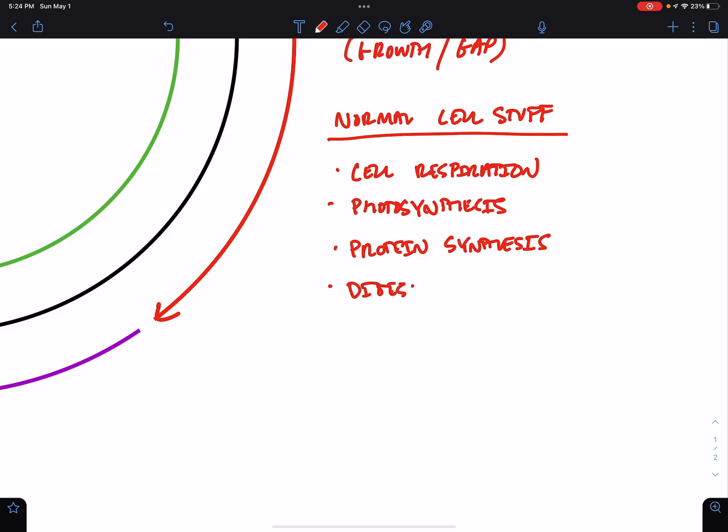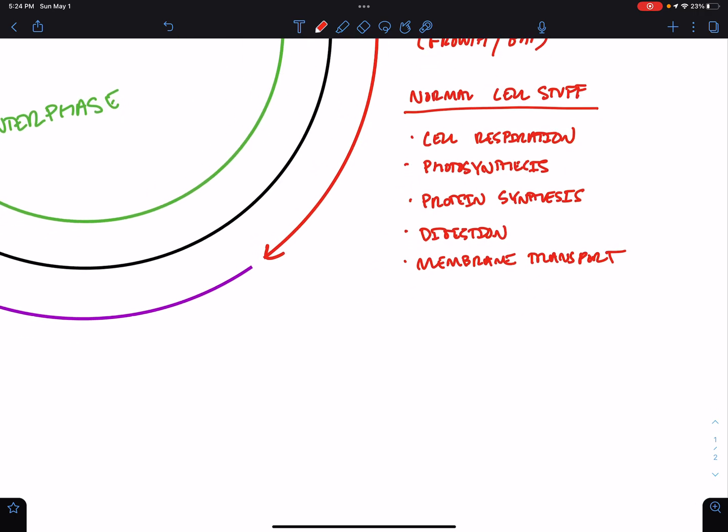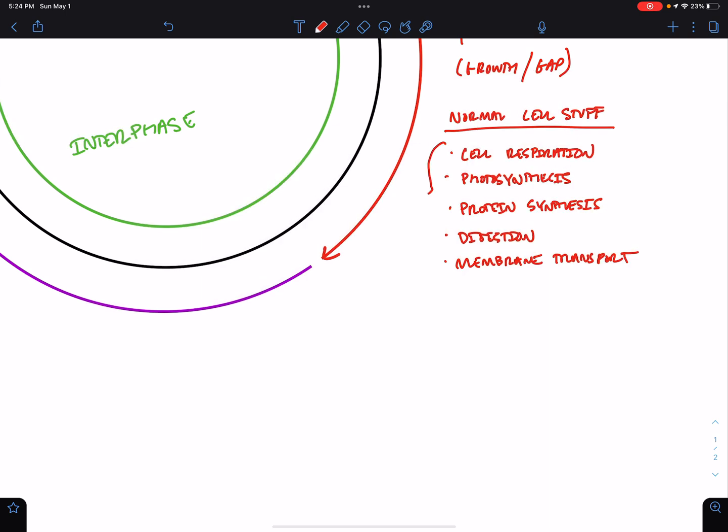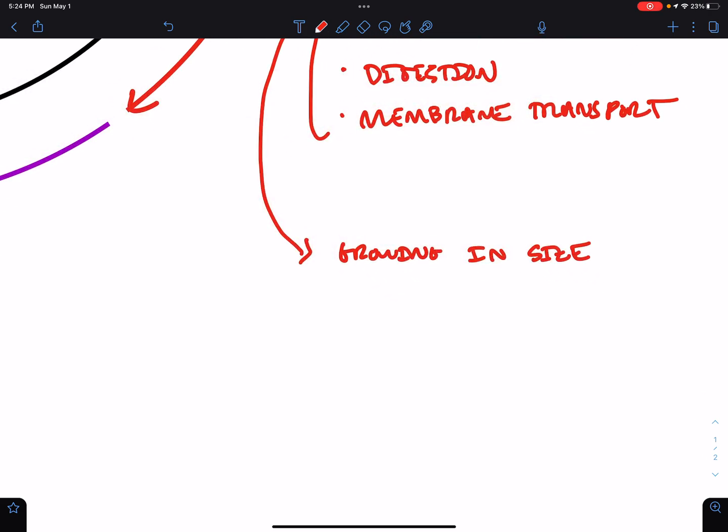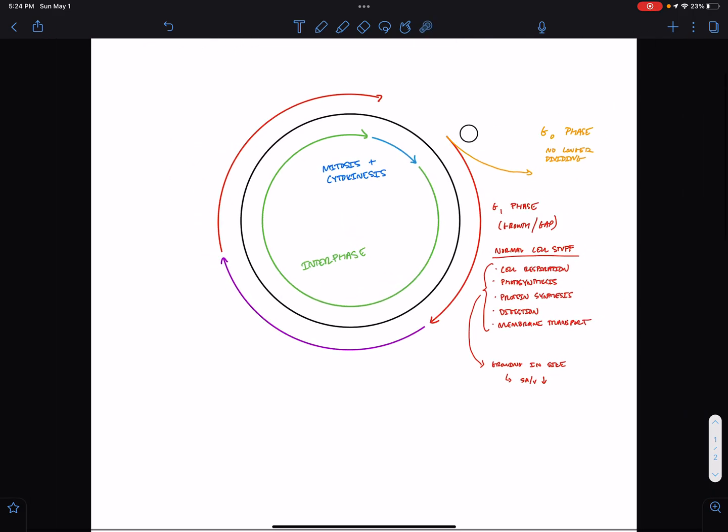Digestion, membrane transport, and osmosis. And so while it's doing all of these normal cell life things, it's also growing in size. And as you remember, as a cell grows in size, its surface area to volume ratio is decreasing.